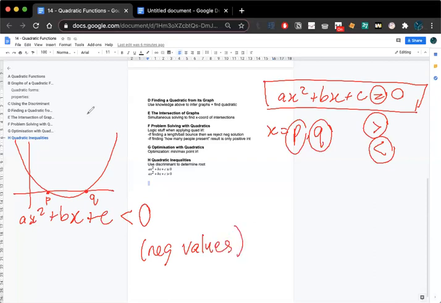And the negative values in this case would be this particular area, which is between P and Q. So if you want to write it, it would be something like this: p less than x less than q.